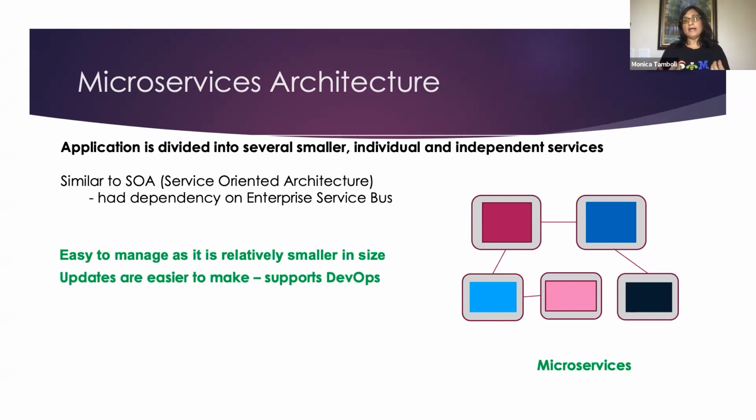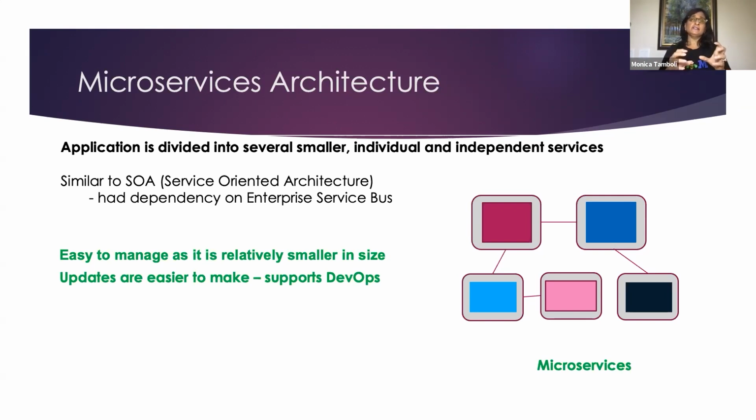So they are easy to manage because of their small size. There could be a smaller team working on each microservice. Updates are easier to make. A lot of you probably heard about the DevOps model, where you combine software development and operations to work together so that features can be delivered at a high velocity.